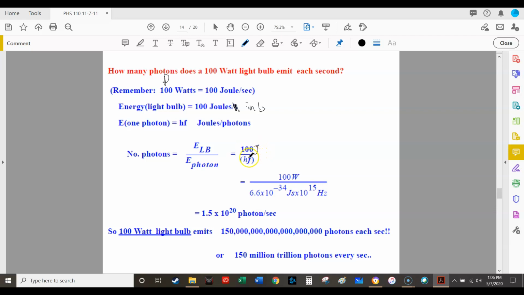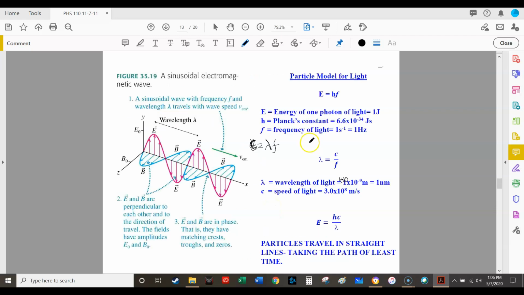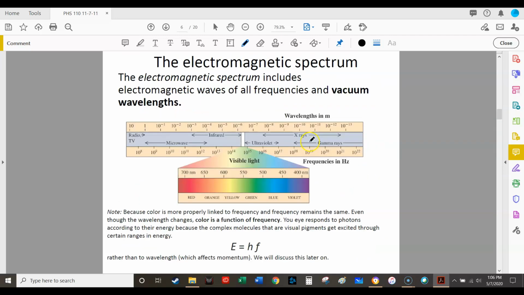Well, the energy of a single photon is h times frequency, which is going to be 6.6 times 10 to the negative 34th joule seconds times 1 times 10 to the 15th hertz, which would be the frequency of one of the photons.